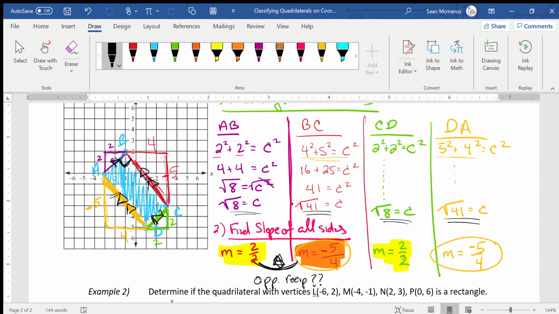So if I flip that, I will still have 2 over 2. And I make it negative, it would be negative 2 over 2. That is not what I see right here. Negative 5 over 4 is not the same as negative 2 over 2. So no. And actually, if I keep going and I look at all of these, none of these are going to be opposite reciprocals. So because of that, they're not 90-degree angles.